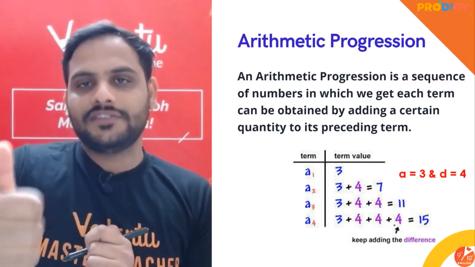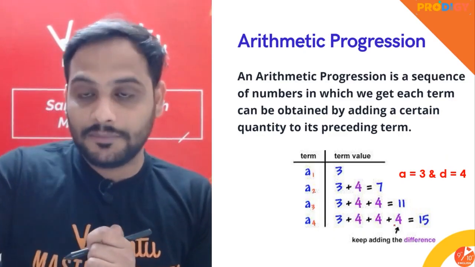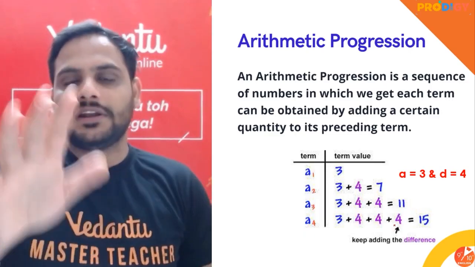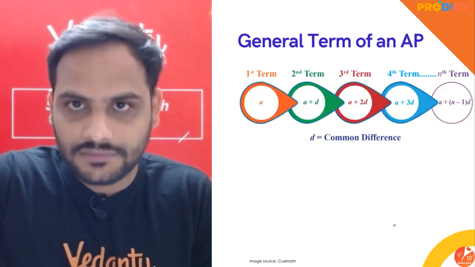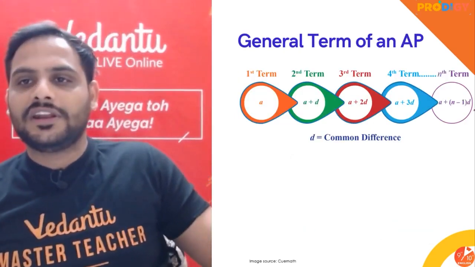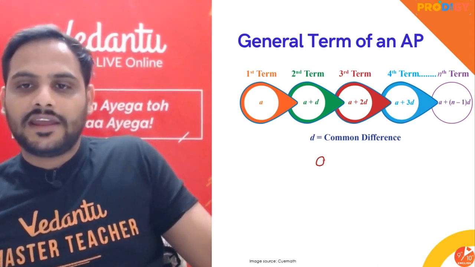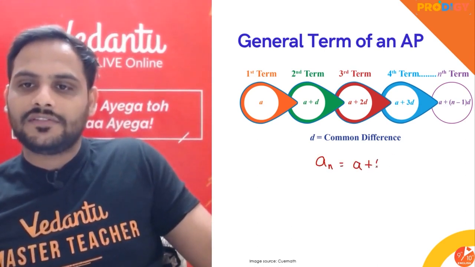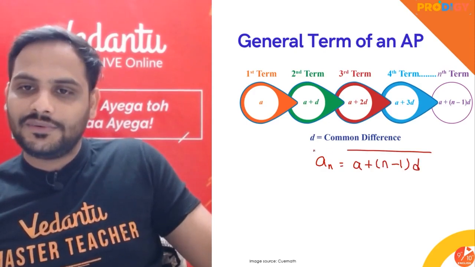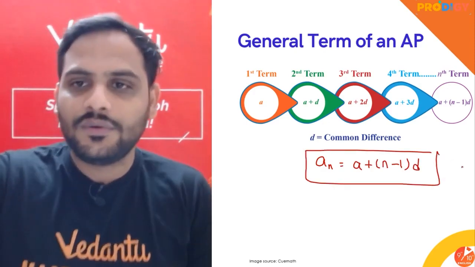So progressions can be written mathematically. We can write their general term, right? And the general term for an AP we write mathematically as a plus n minus 1 into d, right? This is how we write it.